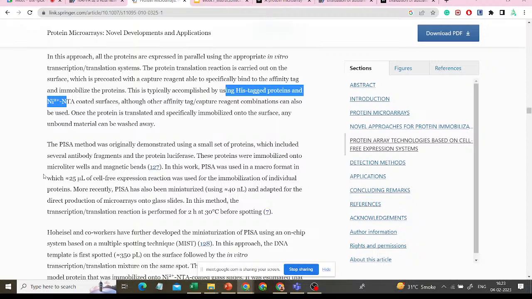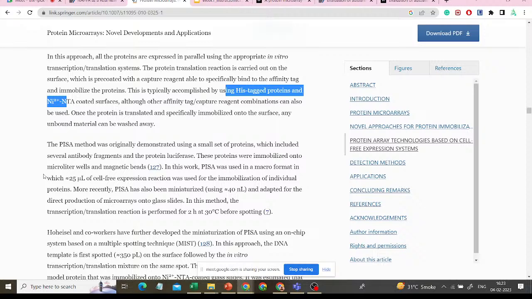The PISA method, as I told you, doesn't capture with antibodies but captures with a particular capture agent. It gets the confidence of capturing with the capture agent because in the protein itself, when you are expressing it, you are adding certain tags like the His tag, so that you can design your coating, like the nickel NTA coating, and capture your His tag proteins there.